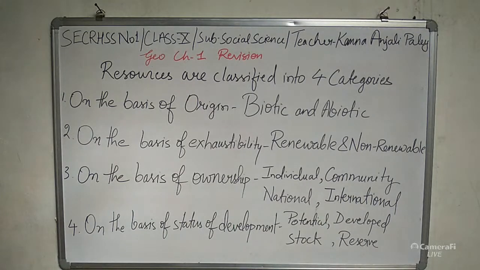First, in the first category, it is on the basis of the origin, how it has been originated. It has two types of resources, that is biotic and abiotic. Biotic means the resources which are available in our environment and have life, means the living beings which are present in our biosphere.